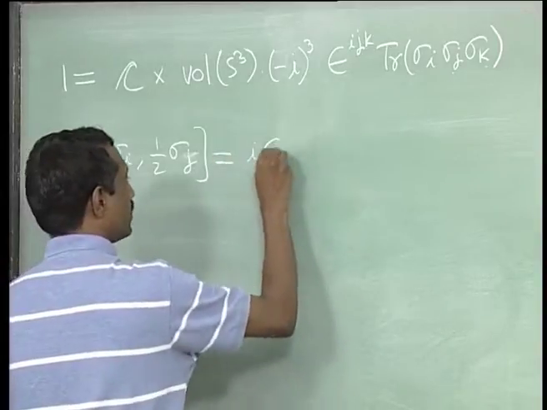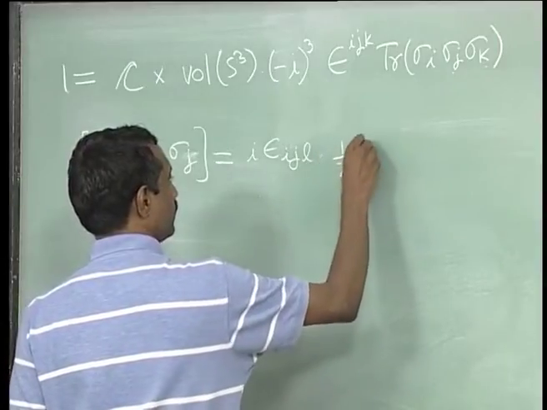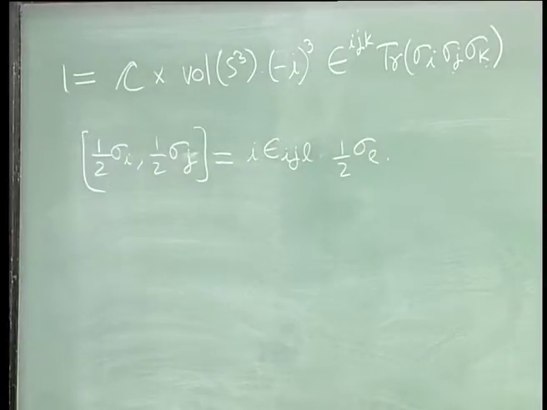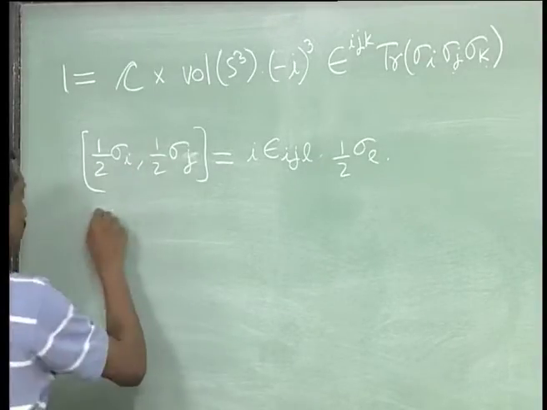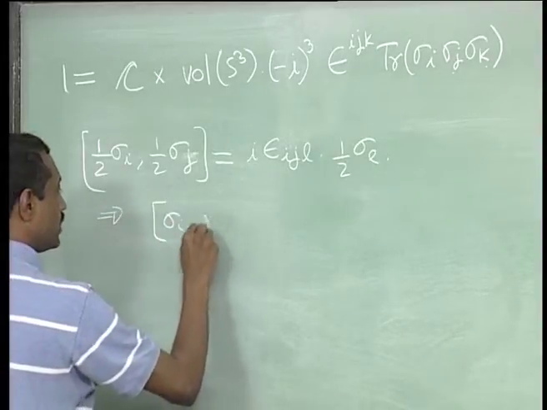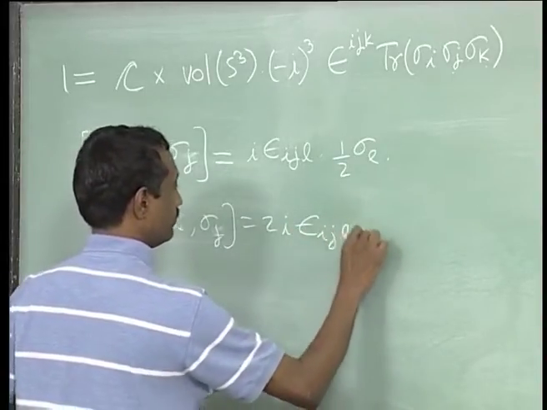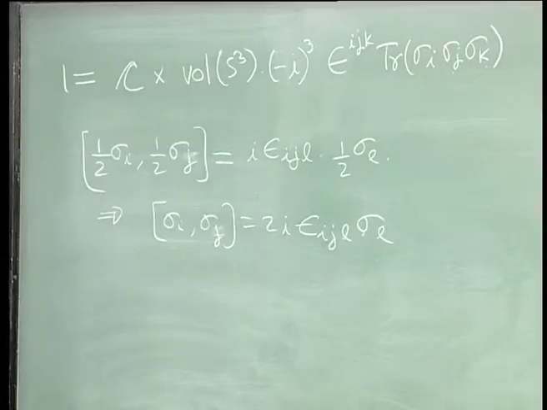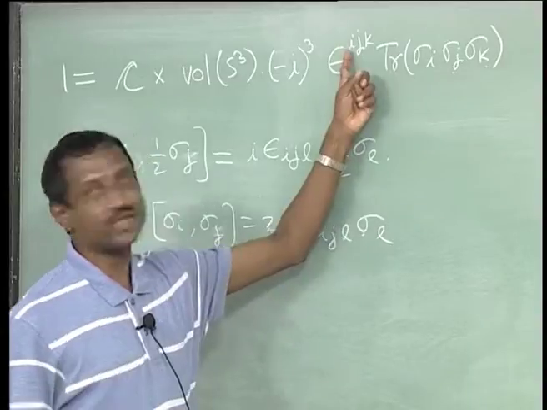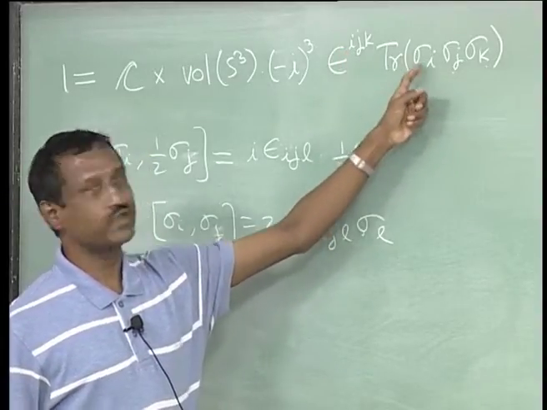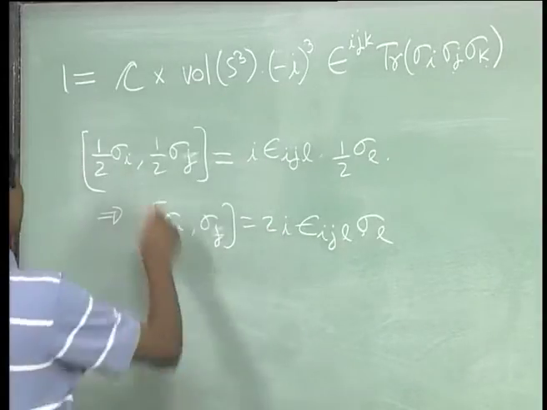So that is i epsilon_ijL half sigma_L. Now I want the sigma_i sigma_j commutator. So this implies that the sigma_i sigma_j commutator is 2i epsilon_ijL sigma_L. Okay. So the way to do this, take sigma_i sigma_j, because there is an epsilon out here, I can write this as half of the commutator of sigma_i sigma_j, and that half will cancel this. Okay. So now I can just do this.